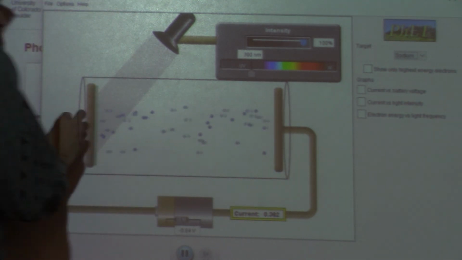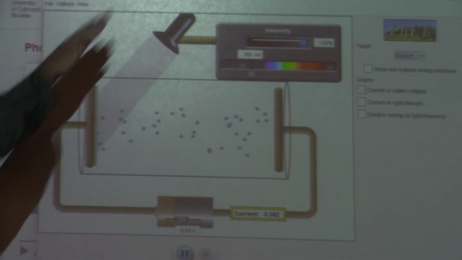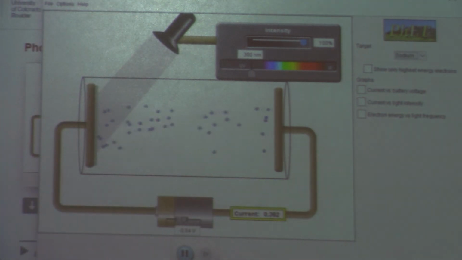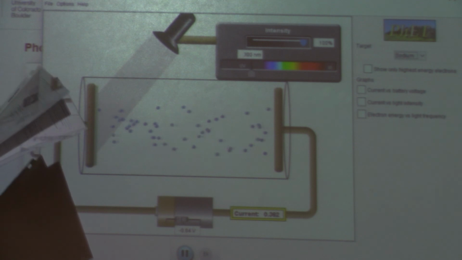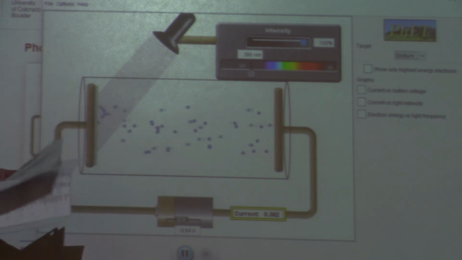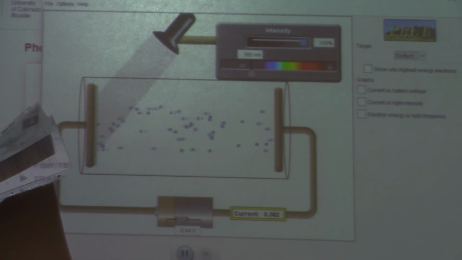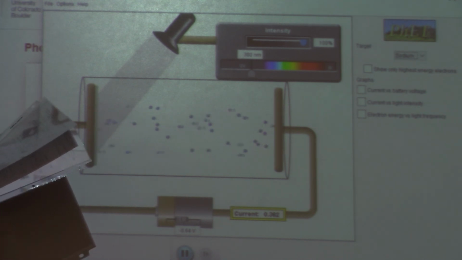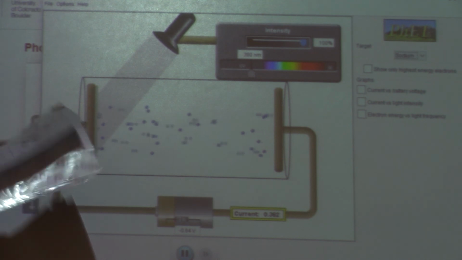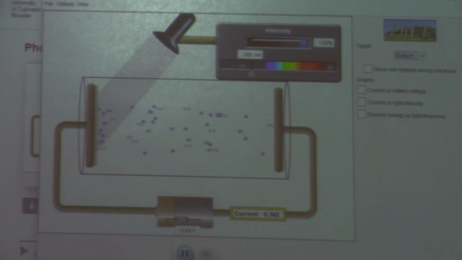So now, instead of these electrons being pushed up the hill, now they're going to be pushed down the hill. So your answer to number 27 should be something times 10 to the 6th. Okay? So let's review. Your answer to 24 is 10 to the 5th. Your answer to 27 is 10 to the 6th. Okay. So we're about done.